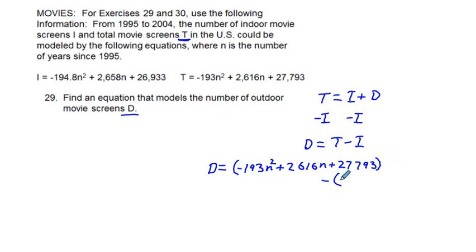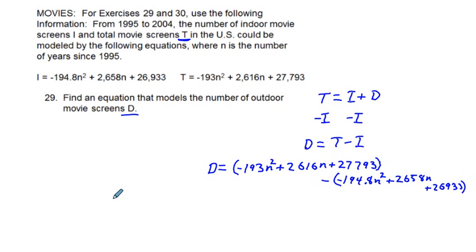So minus I, put minus negative 194.8n squared plus 2,658n and finally plus 26,933. Okay, that's all of that.